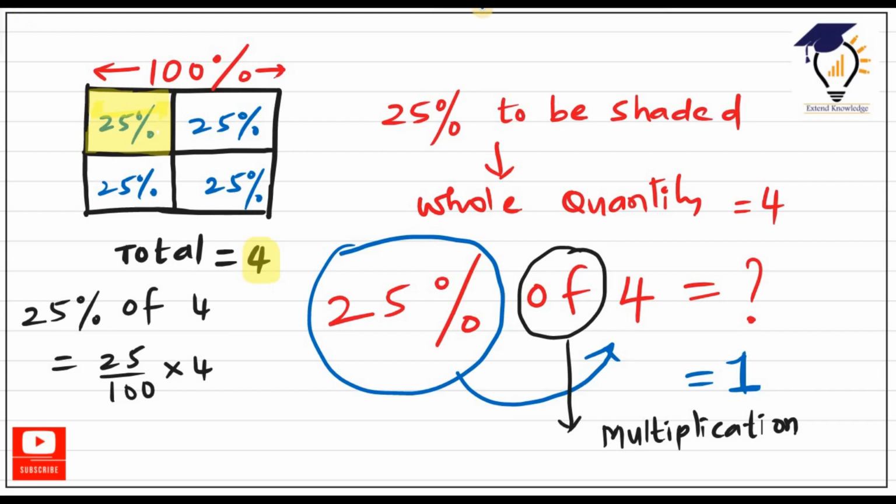Cancellation: 25 times 4 is 100 and 4 times 1 is 4. I got the result as 1. This is the shaded part shown on the model diagram. In a practical way we already showed this is 1, and this is how we solved the problem. So this is how we work on solving the percentage of a number.